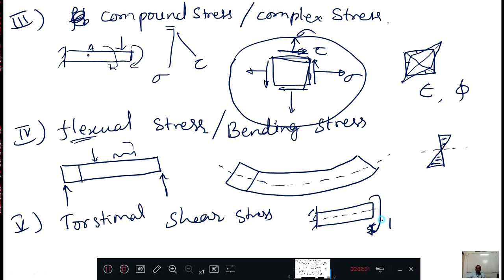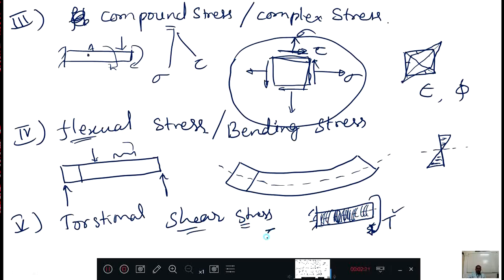When I rotate it by applying some torque, then again some planes inside will resist the torque applied. When they resist the torque applied, some resistance is developed. That resistance is called torsional shear stress.